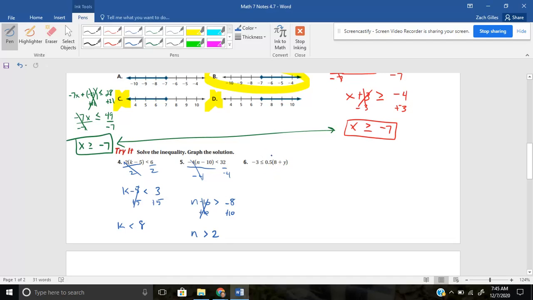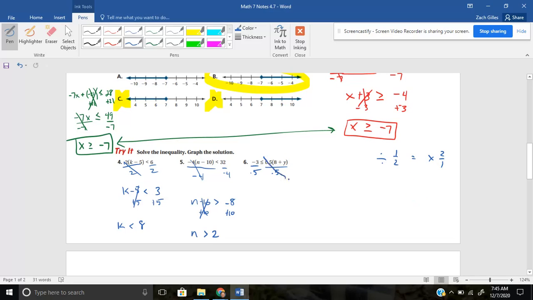And then for this one here, I could divide by 0.5 on both sides. Let's see, dividing by a half is the same thing as multiplying by the reciprocal. So same thing as multiplying by 2.